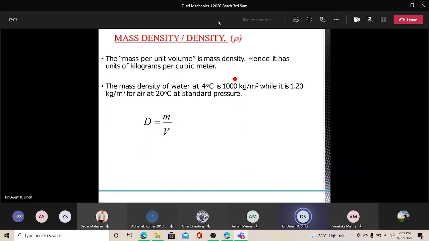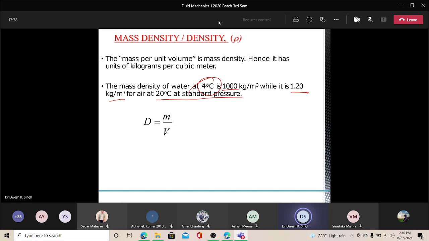So first of all, what is the mass density? I think all of you are familiar with density. It is mass per unit volume. We know that water has a density of 1000 kg per meter cube, but that is at 4 degrees Celsius. If you increase the temperature, the density decreases. And it is 1.2 kg per meter cube for air at standard conditions, like 20 degrees Celsius and standard pressure, meaning atmospheric pressure.